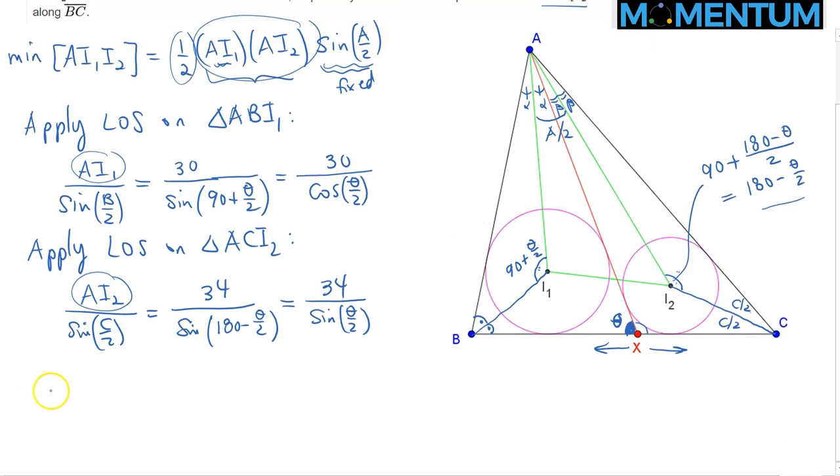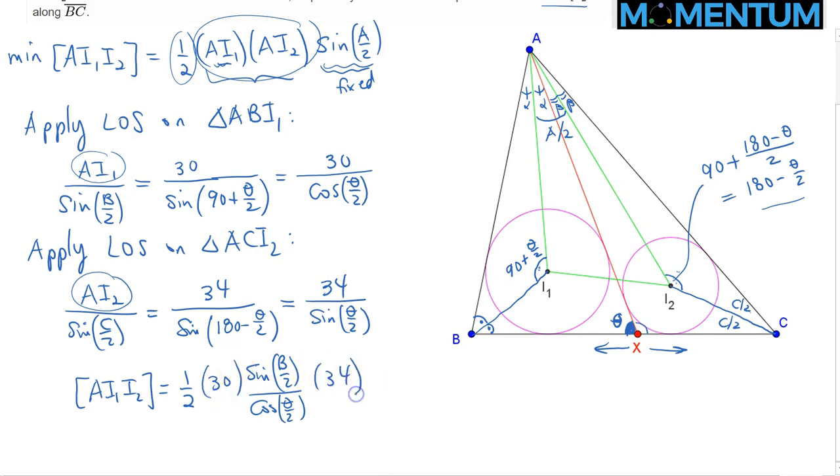Therefore the area, right before the optimization, is equal to 1/2 times AI1, which is 30 times sine of angle B over 2 divided by cosine theta over 2, times 34, and the same thing, sine C over 2 divided by sine of theta over 2.